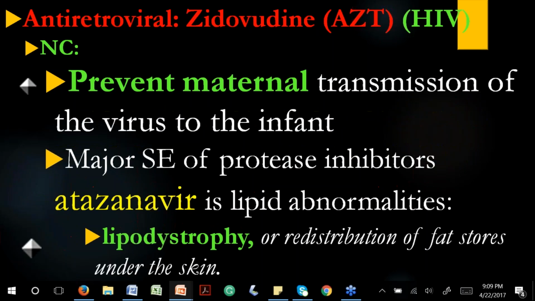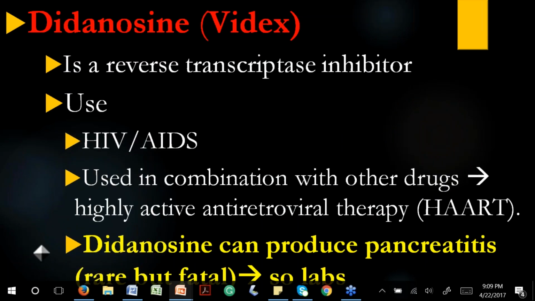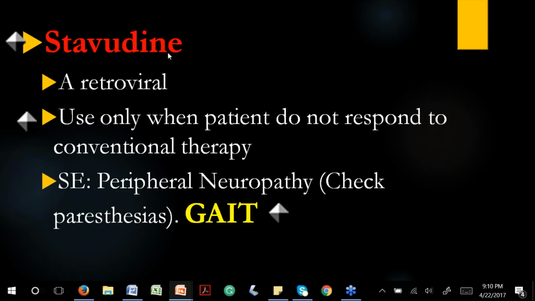The mother can receive the treatment. In the long run, remember OIL: osteodystrophy, insulin resistance, and lipodystrophy. Didanosine is another anti-HIV drug that can produce pancreatitis. And the last one is stavudine. Stavudine can produce peripheral neuropathy and can lead into gait problems.